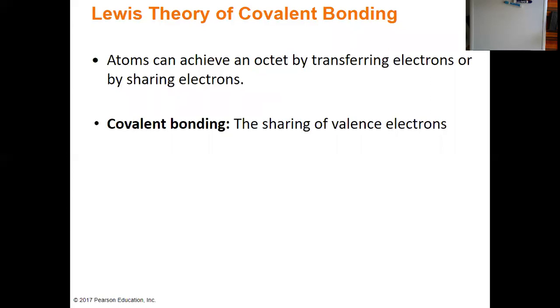Now we're going to talk about covalent bonding between nonmetals, right? Because our nonmetals are not going to be transferring electrons from one to the other. They're going to share electrons instead. And those shared electrons are going to be able to count towards both atoms' octets, right?